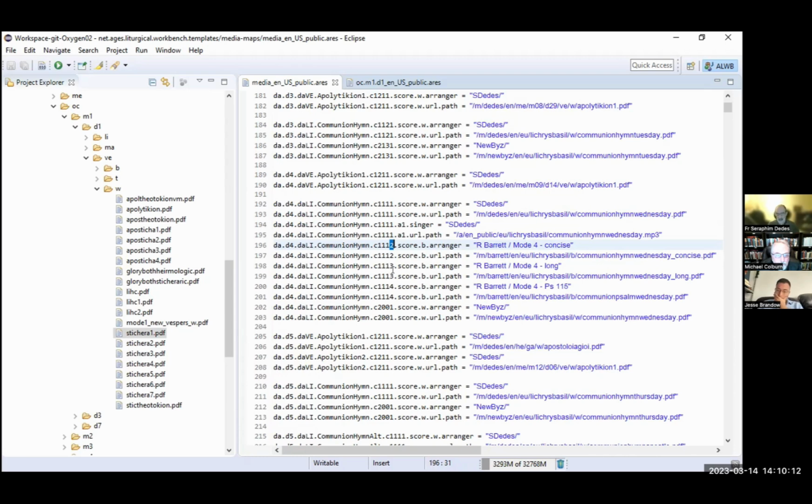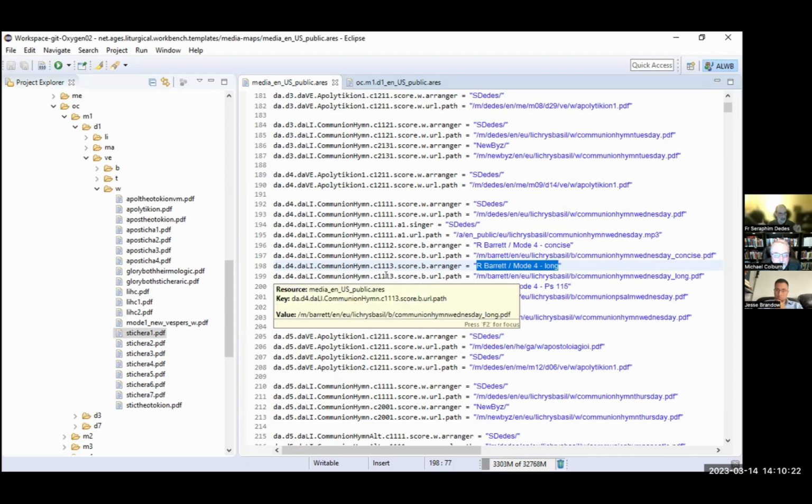So then we have a 1, 1, 1, 3, and it's described here what's different about it. It's Richard Barrett, mode 4, but it's the same text. Everything else, it is public, it is Orthodox Study Bible, but it's the third of however many. It's the fourth of 9. It's the fourth. That's how that works.